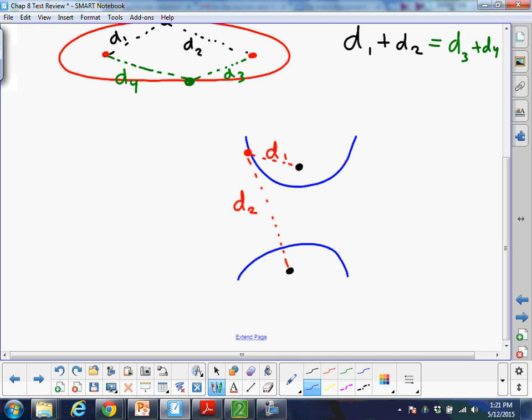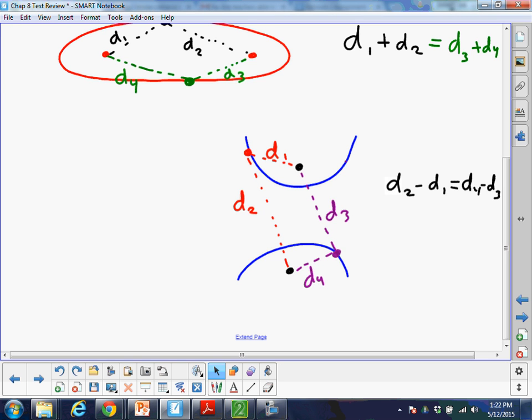It could be up here or down here, anywhere on the hyperbola. I keep saying that wrong. We find those distances again. What happens here is the difference in those distances remains fixed. So for example, d2 minus d1 would have to be the same as d4 minus d3. So that would be your definition for the hyperbola.